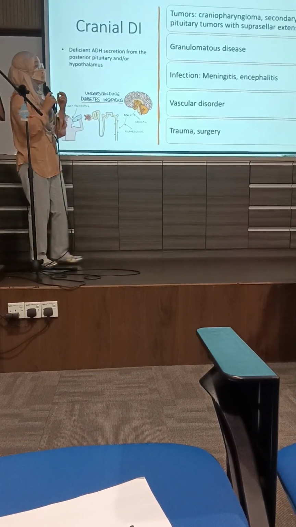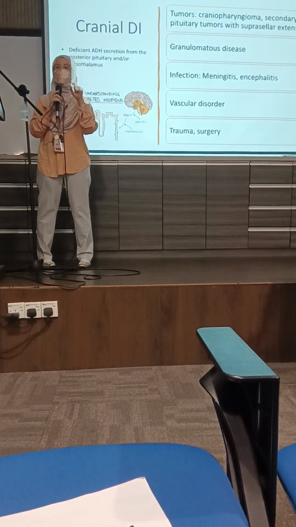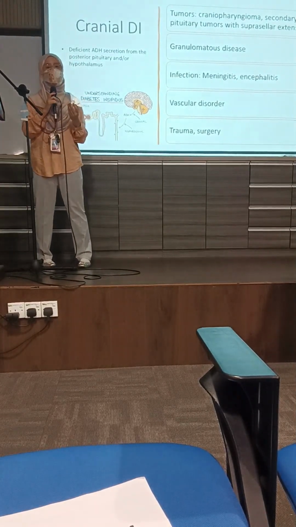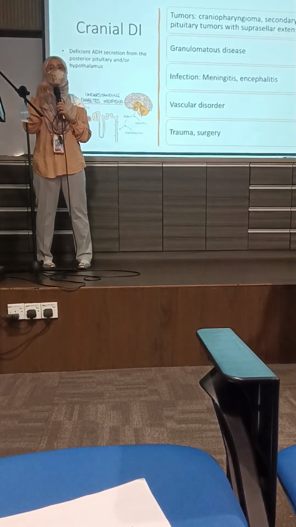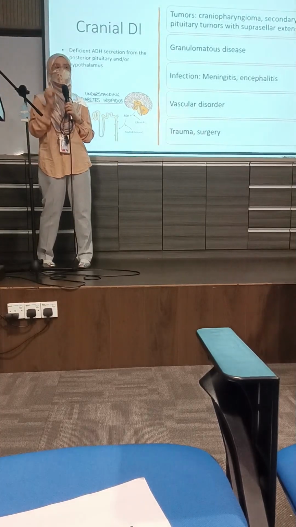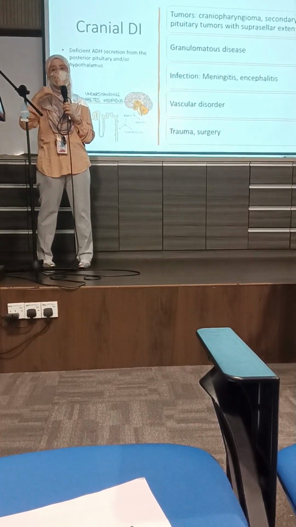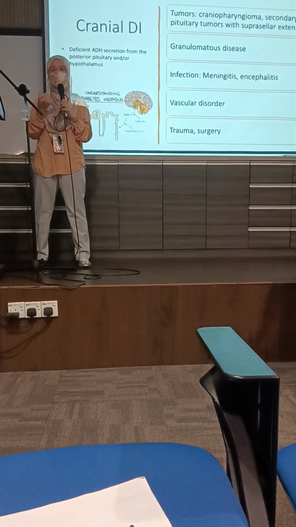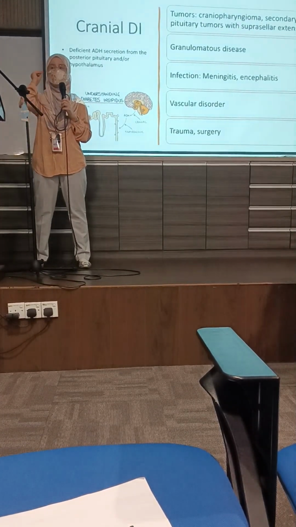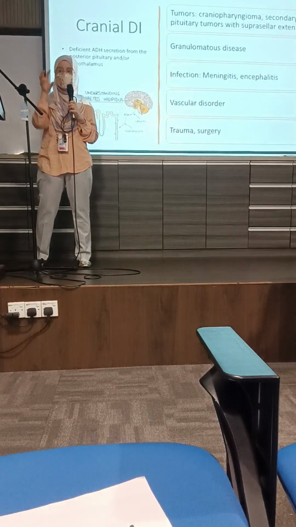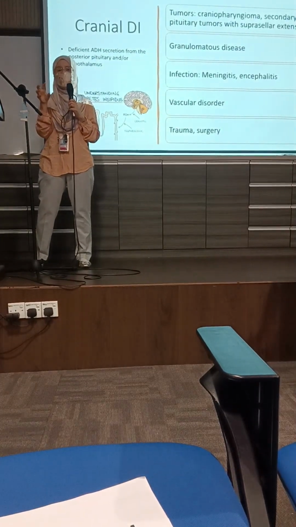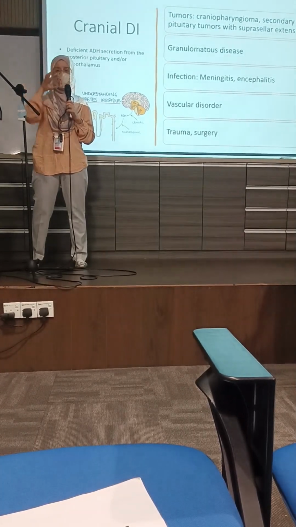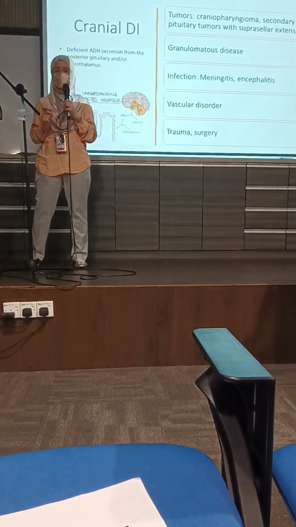So we have two types of DI. One is cranial DI, one is nephrogenic DI. So cranial DI is when there is a deficiency in ADH secretion or production. ADH is synthesized by the hypothalamus and is stored in the posterior pituitary. So any disorders that disturb the brain will disrupt ADH secretion.